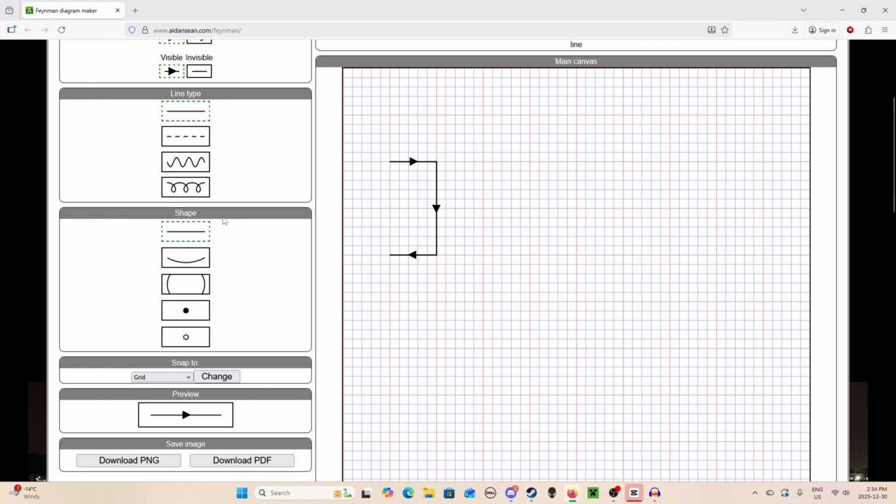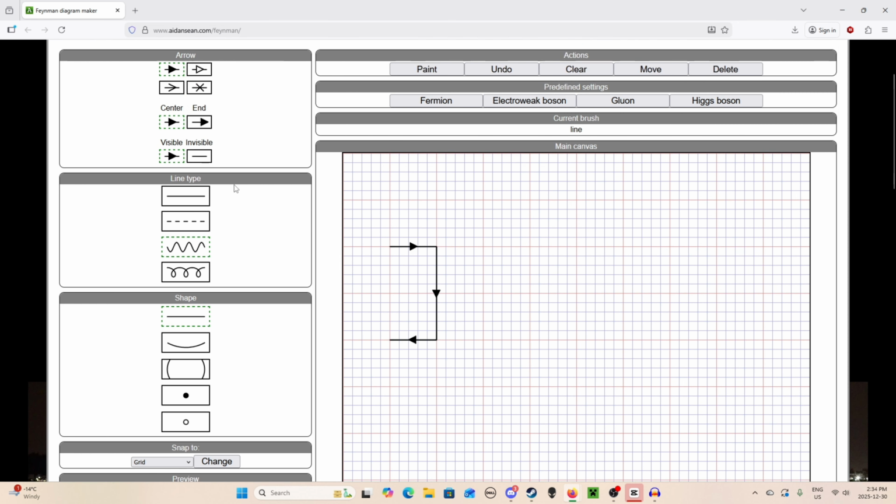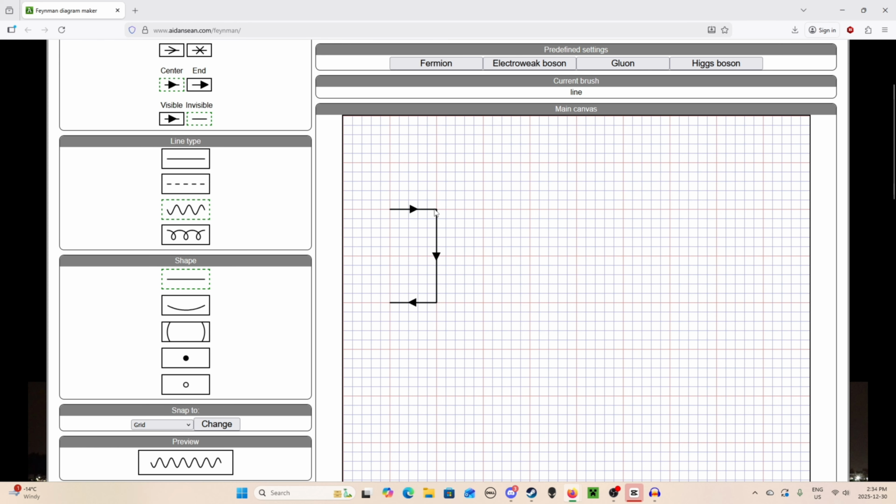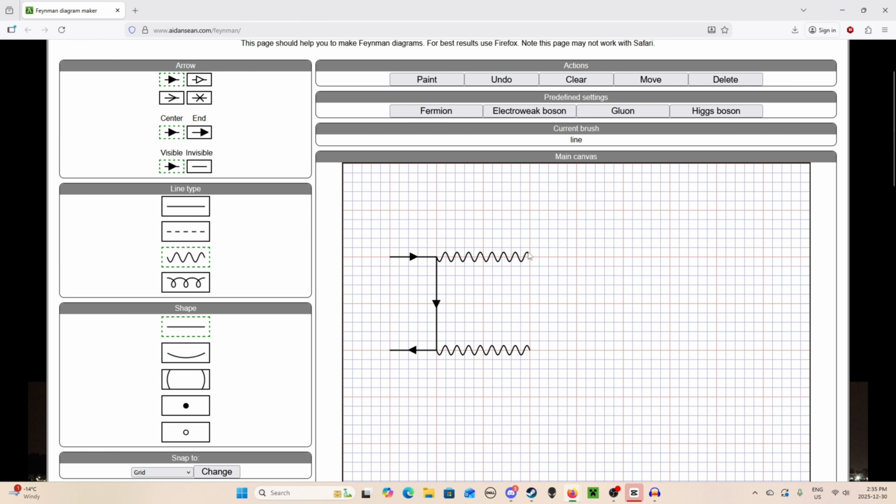And we will do this. Actually, let's make this even more complex. We'll do that in a moment.